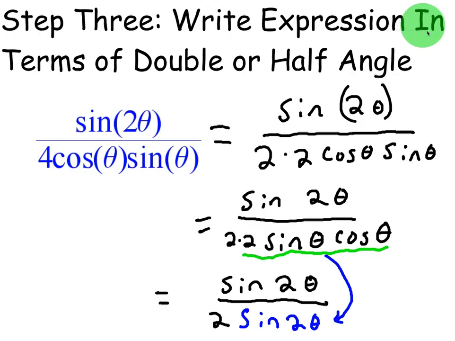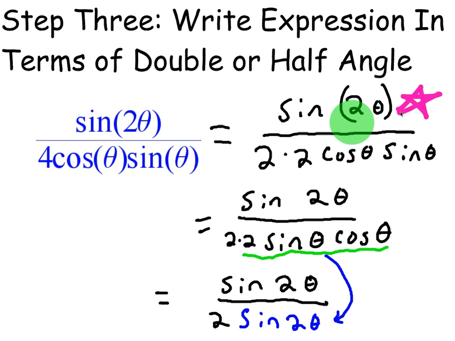Step 3 says to write the expression in terms of double or half angle. We're going to use that exact identity. I told you that's the number one double angle formula you need to memorize, which is that sine of 2 theta is equal to 2 sine theta cosine theta. So there's two ways to do this. I could change this right here to 2 sine theta cosine theta, and it's going to work out the same way.